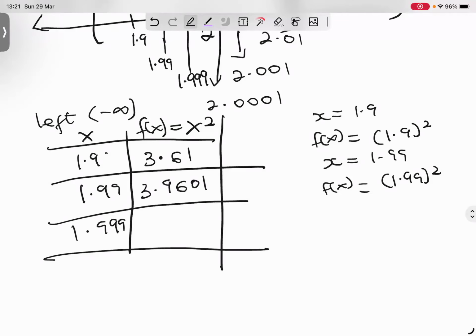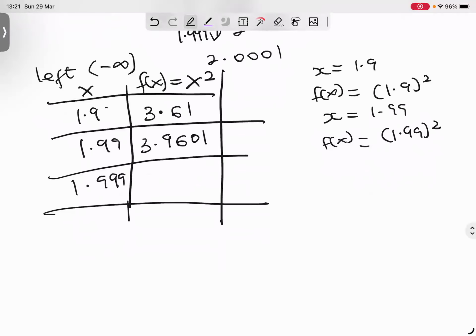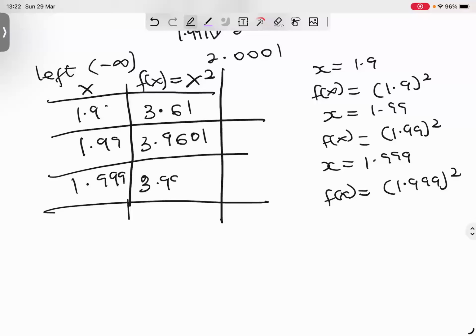3.9601. Then when x is equal to 1.999, f of x will be equal to 1.999 all squared, which will give us 3.996001.